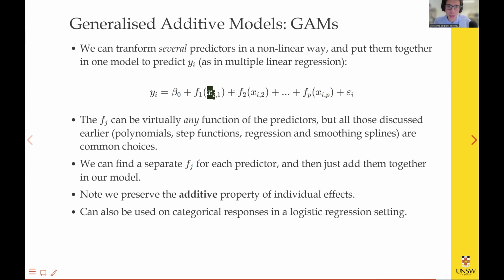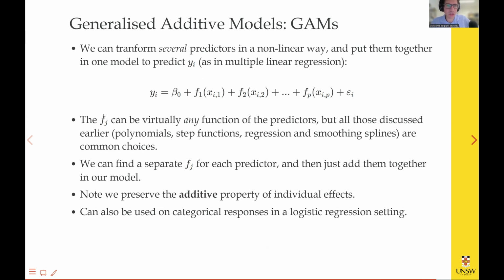You can do that, but you can also add another predictor that you transform via some function f2 to make it whatever you like: a regression spline, or a smoothing spline, or a step function. Or maybe some of the x's are actually okay to keep as just themselves. So then y is a linear function of, for example, x2, but x3 you want to transform. Essentially, individually you can transform your x's, and then you put everything together in your global model for y as a function of those x's.